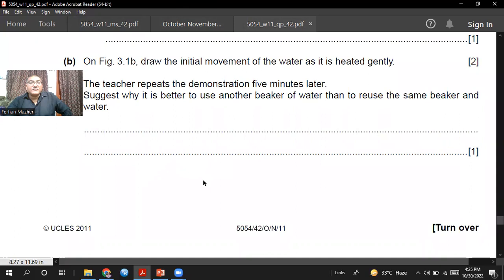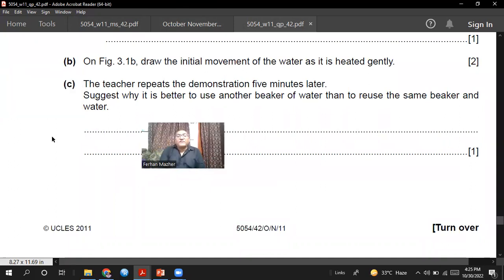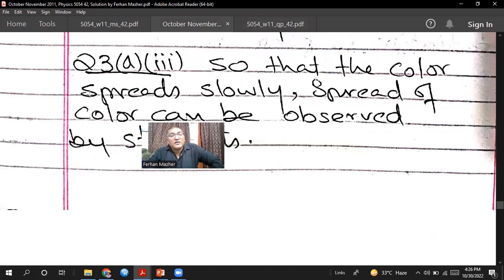You're done with this. Now the question is, the teacher repeats the demonstration 5 minutes later. Explain why it is better to use another beaker of water than to reuse the same beaker and the water. You see, after 5 minutes, the water will still be warm and the water will already have color in it. Some color will also be on the beaker. So it's better to use a new beaker and new water because that water has already been colored.